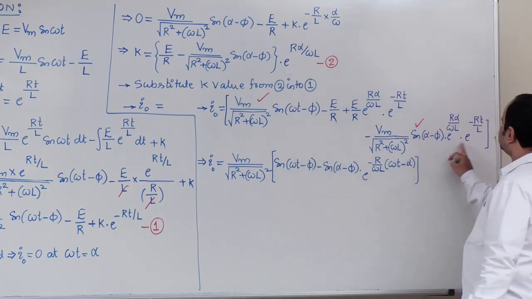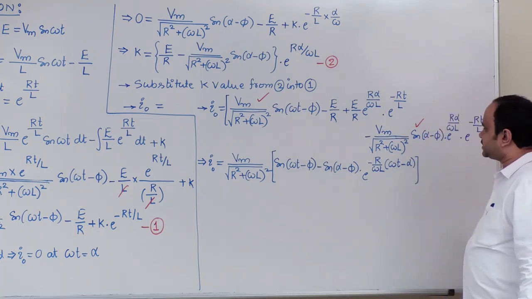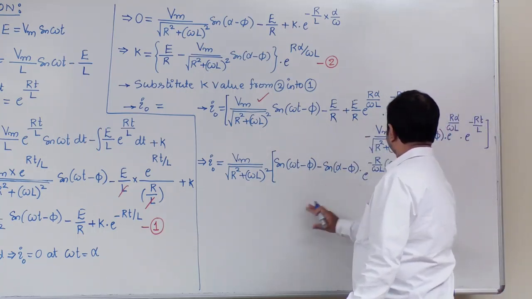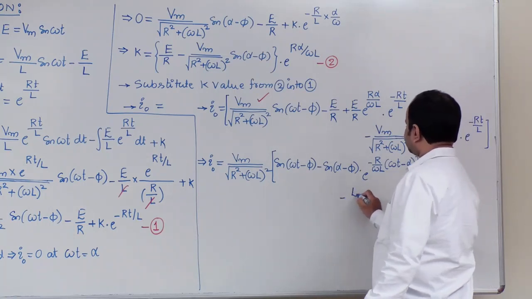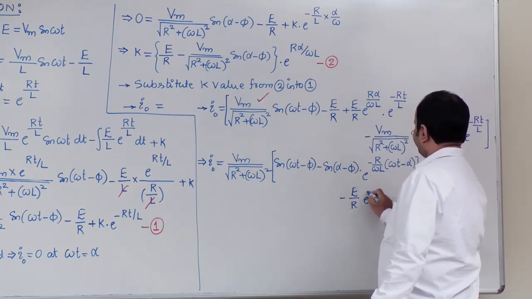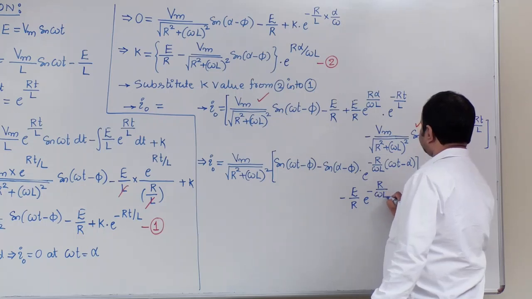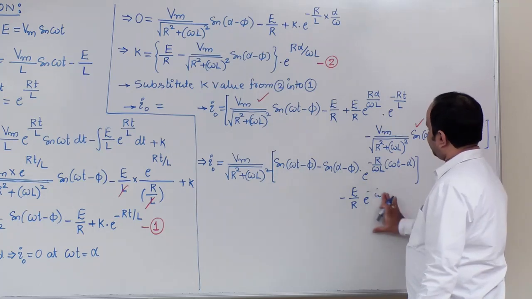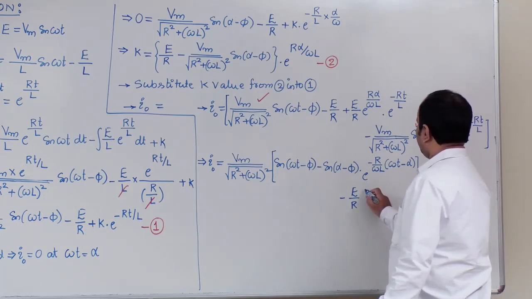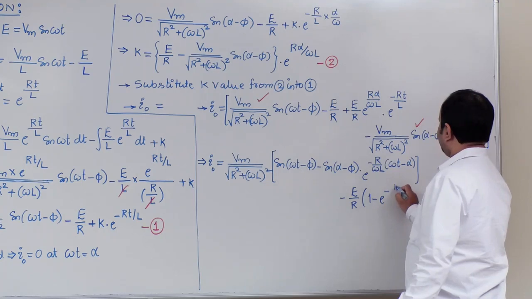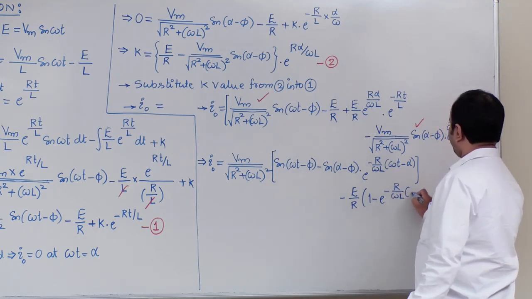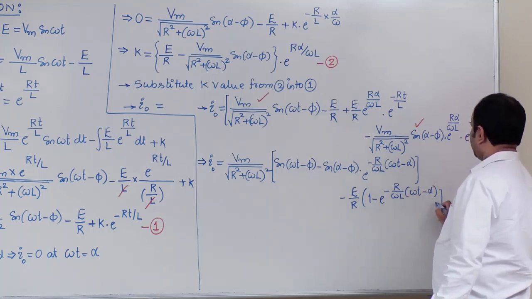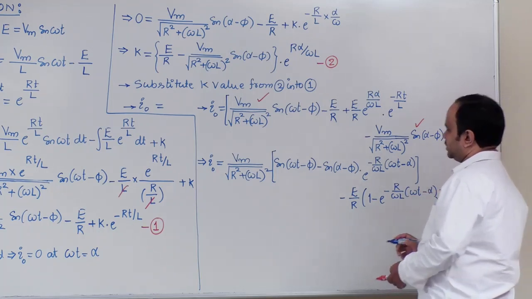We can combine these two terms like this, just like in the previous discussion. Next, can we combine the second and third terms like this? So here, continuation, minus E by R into 1 minus e power minus R by omega L into omega t minus alpha. So here one more bracket.